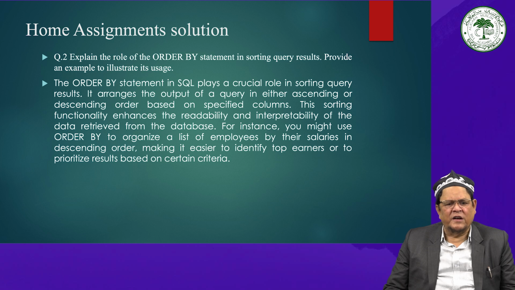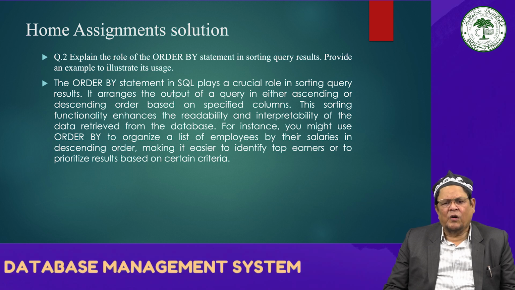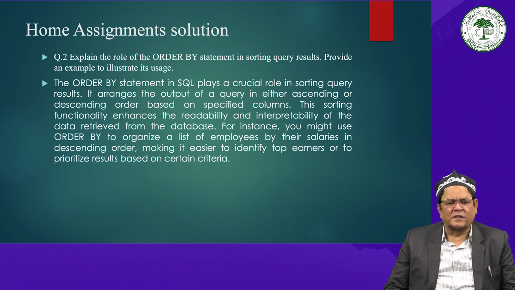This sorting functionality enhances the readability and interpretability of the data retrieved from the database. For instance, you might use order by to organize a list of employees by their salary in descending order, making it easier to identify top earners or to prioritize results based on certain criteria.